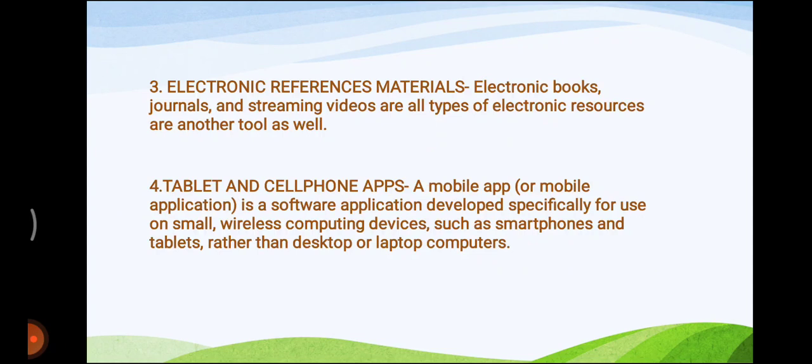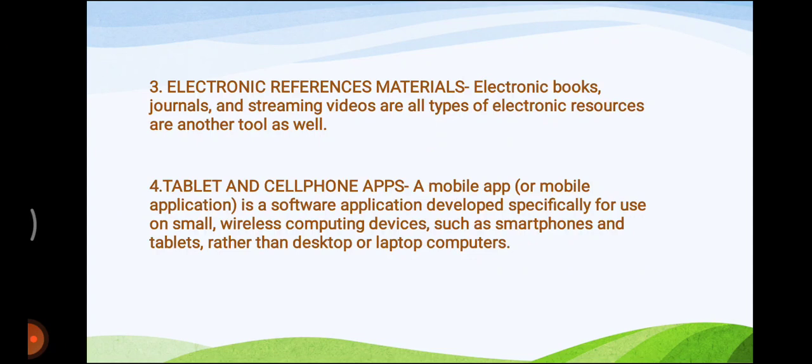Electronic reference materials, or e-reference, are sources of information in the form of online encyclopedias, dictionaries, timelines, handbooks, and guides. These resources provide reliable and accurate quick facts, definitions, and background information on any topic.